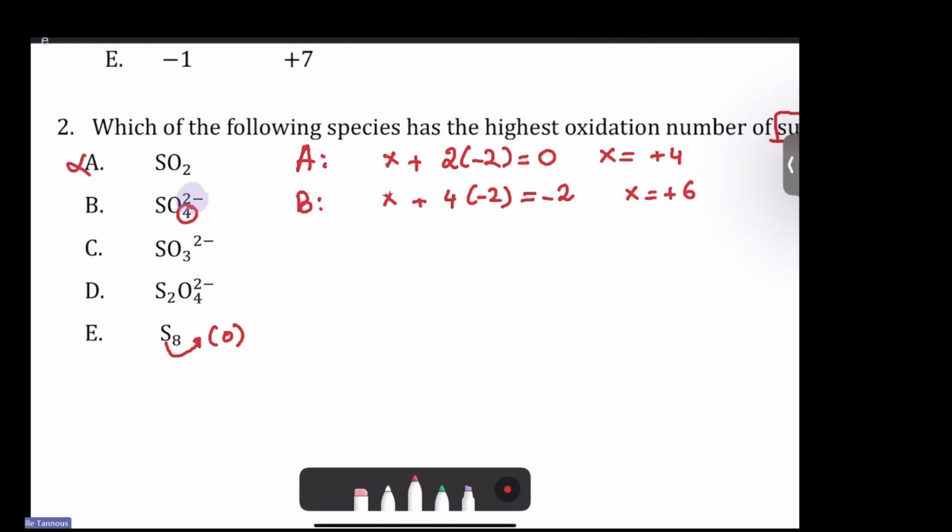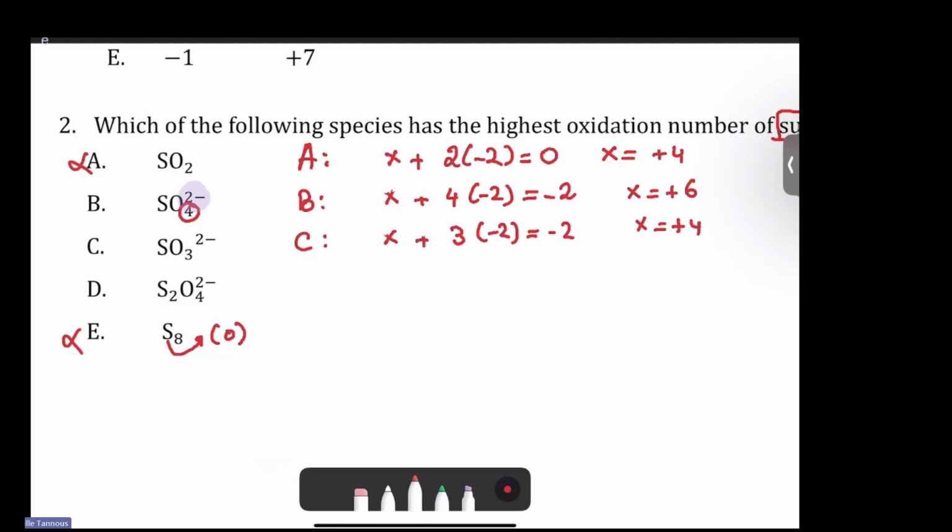So A is out, or E is out, because I found one higher. C, X plus 3 times the oxygen, which is negative 2, equals negative 2. So X is plus 4, out. D, okay.